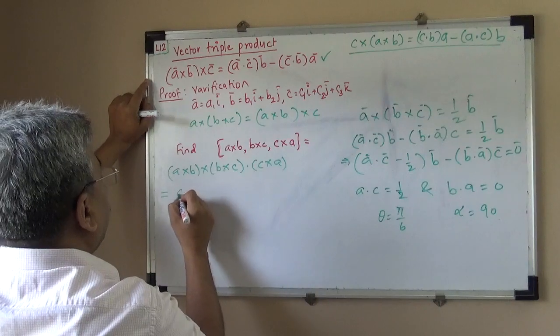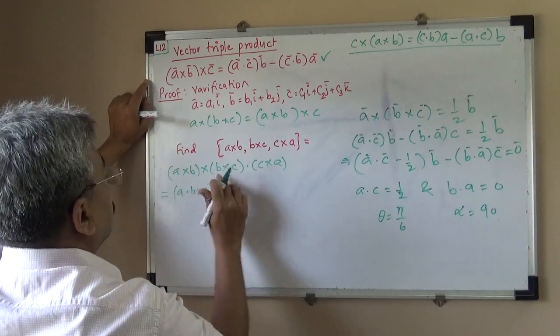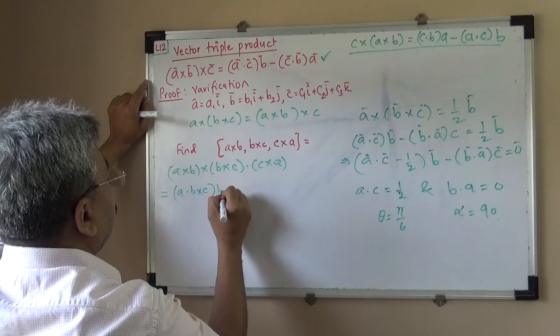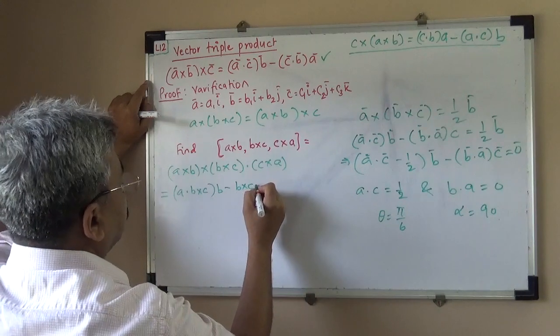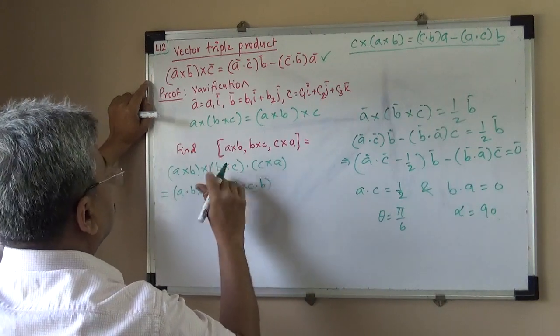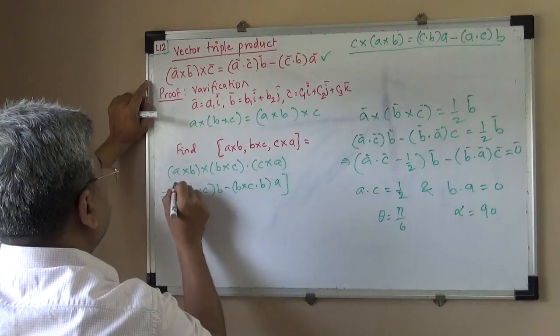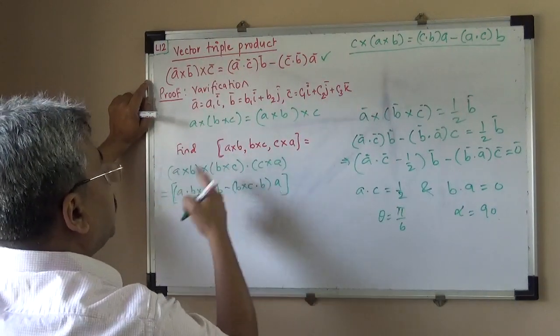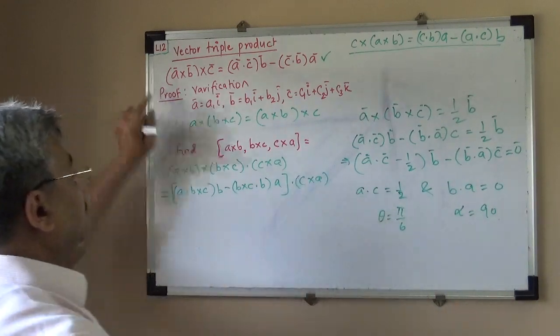I put A dot B cross C here multiplied by B, minus B cross C dot B, I put it here multiplied by A. This is the meaning of the vector triple product here, dot C cross A, as it is.